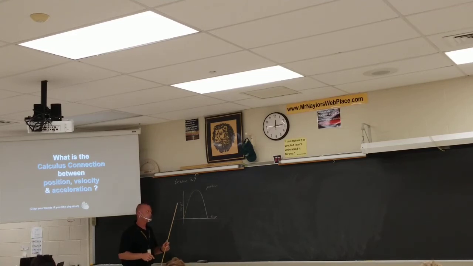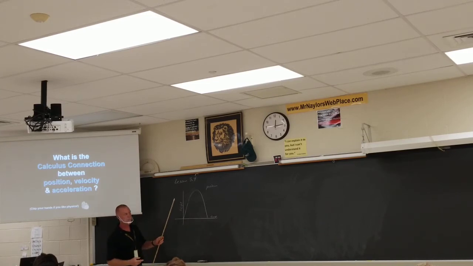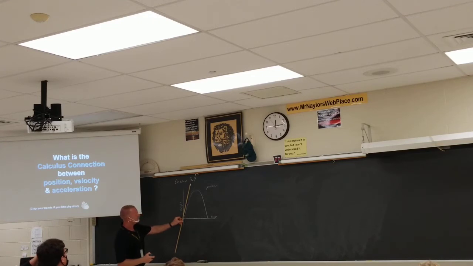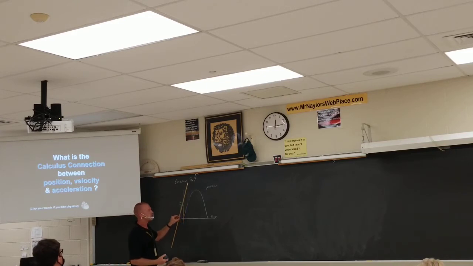But when you interpret this position graph through a slope perspective, you start to see some other things. Like, take a look at the slope maybe at the beginning. The slope at the beginning, well, it would be pretty steep. Okay, it would be large. Versus the slope in the middle, which would actually be a slope of 0.